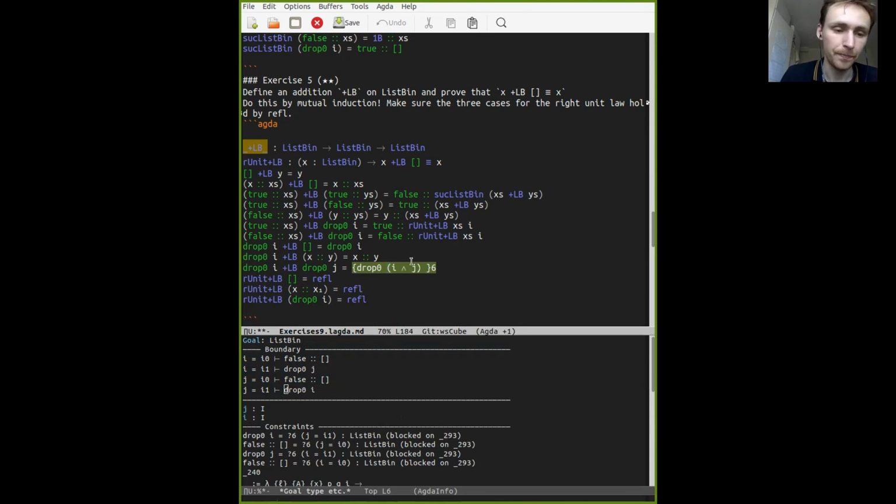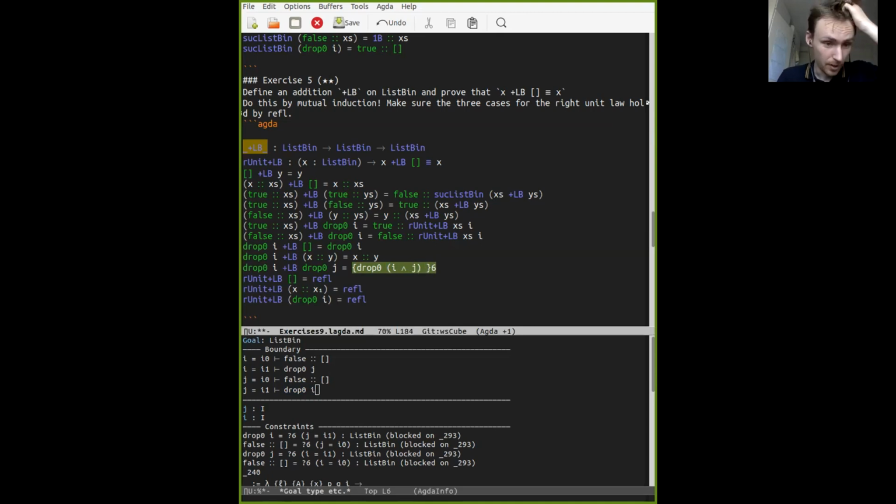Because when i is equal to 1, this whole thing gets deleted, so this is just drop j, which is what we want. And symmetrically, when j is equal to 1, this whole thing is just drop 0 of i, which is what we wanted in the j equals 1 case.